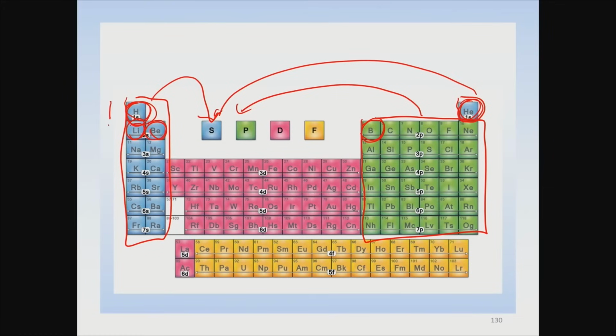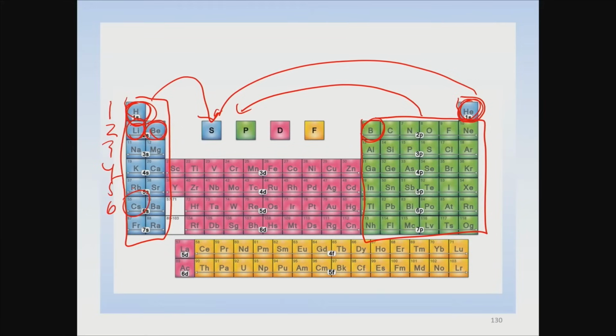Lithium and beryllium are in period 2, so the last electron added will go into the second energy level, and so on. If you were down to cesium, it has 55 electrons, and that last 55th electron would go into an S sublevel, but in the 6th energy level.